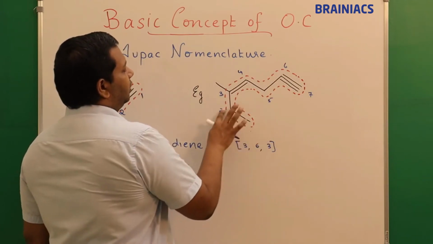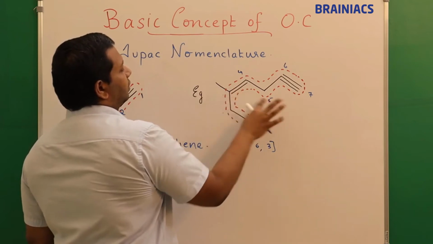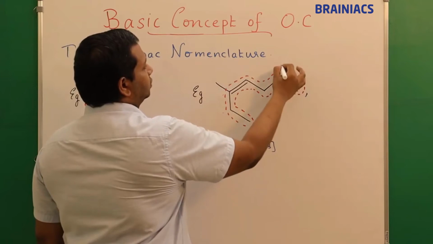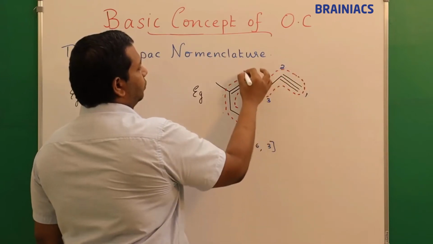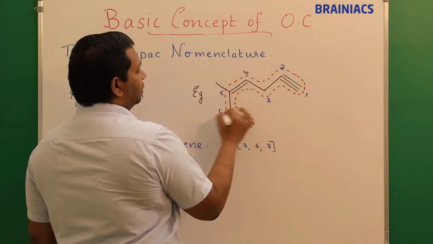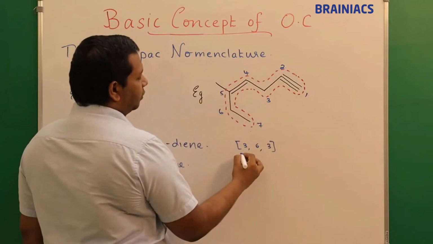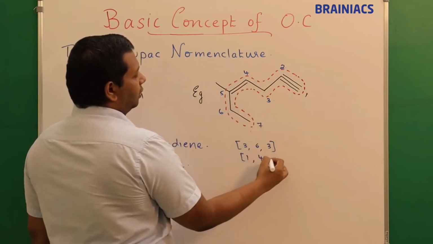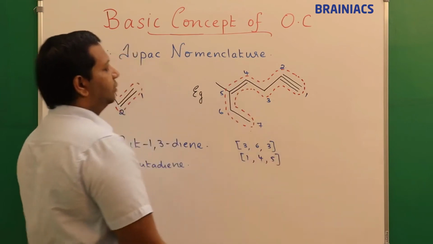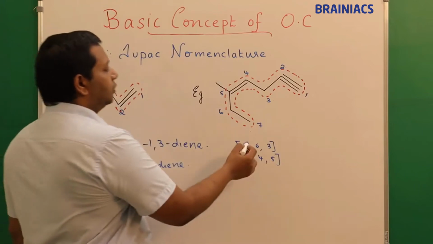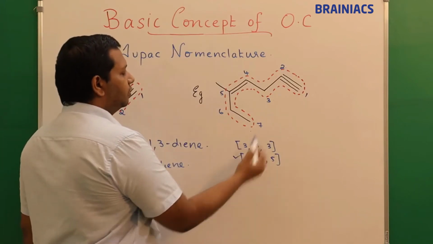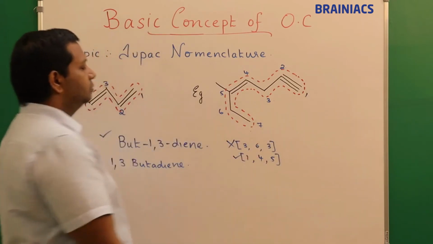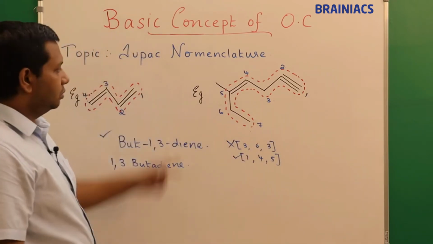Now suppose I am doing the numbering the other way: 1, 2, 3, 4, 5, 6, 7. From this itself I understood 1 is coming here, then 4, then 5. Correct? 1, 4, 5. So by the first point of difference rule, this is the minimum number. So this should be the correct numbering. This is wrong. Understood?